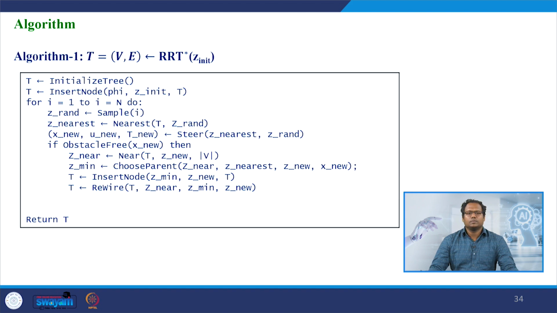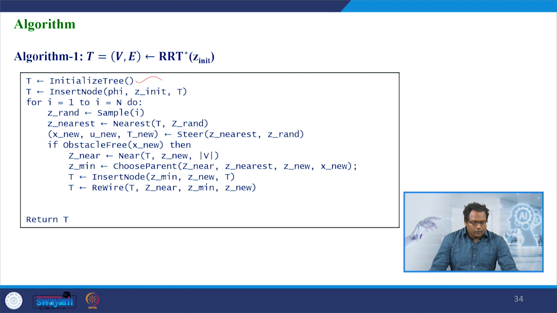to the goal node. The algorithm has these type of subroutines, which is we initialize the tree and name it as capital T, which is having the initial tree nodes.